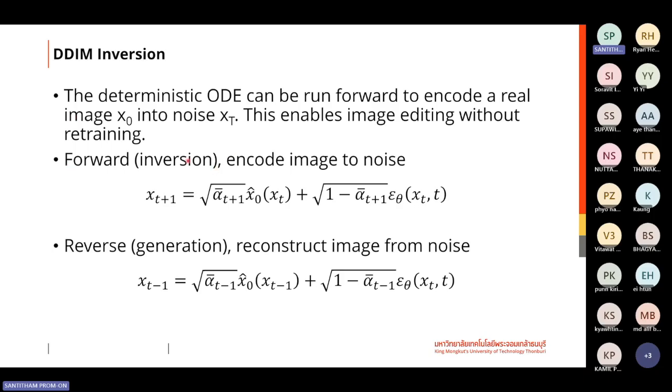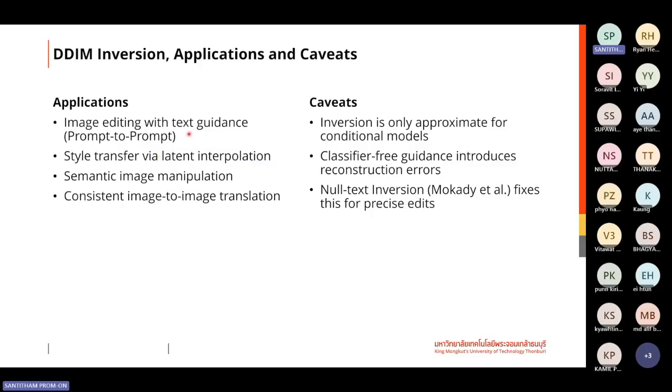You can encode an image of a horse to noise of a horse. Then you can also reconstruct it back, right? That's the reverse process. So it allows you to do editing with text guidance, do style transfer, and it actually opened up quite a large research area in generation.